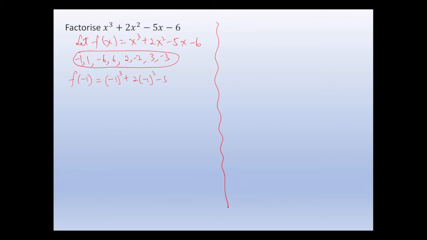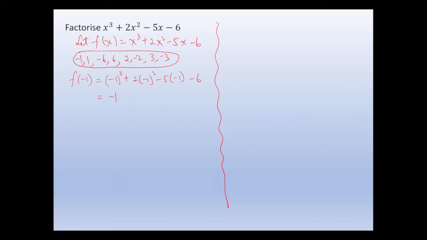I'm going to try f of minus 1. So I've got (minus 1) cubed plus 2 times (minus 1) squared minus 5 times (minus 1) minus 6. Note that I always use a bracket so that I will not get confused with the negative number.